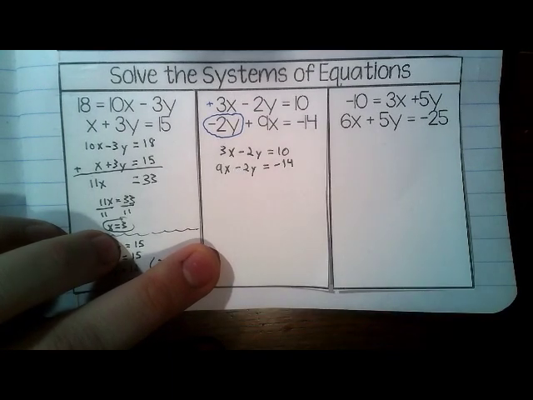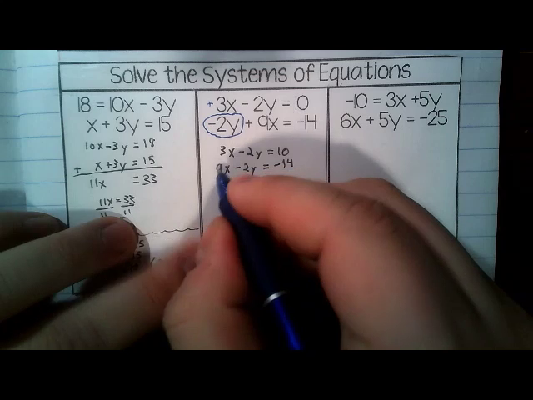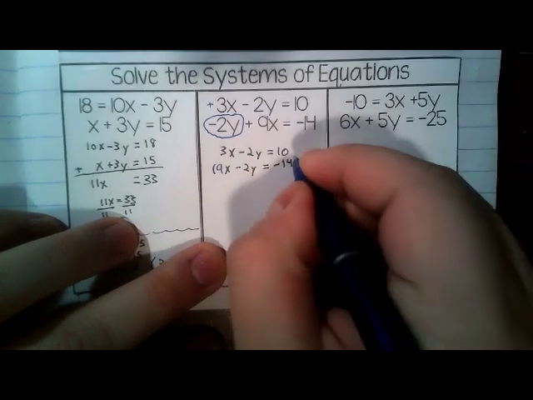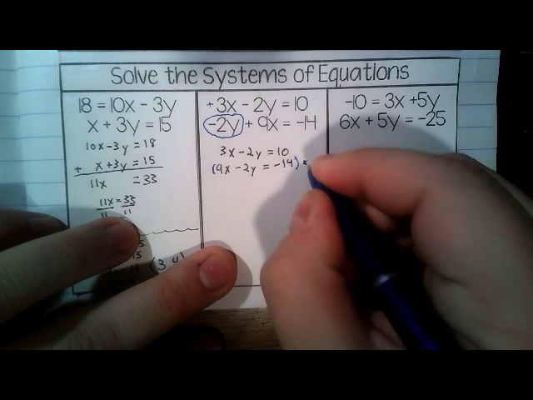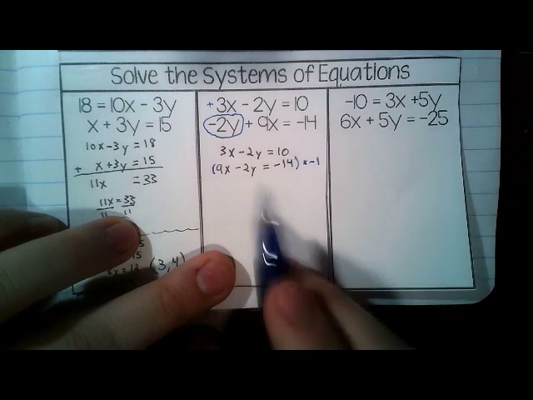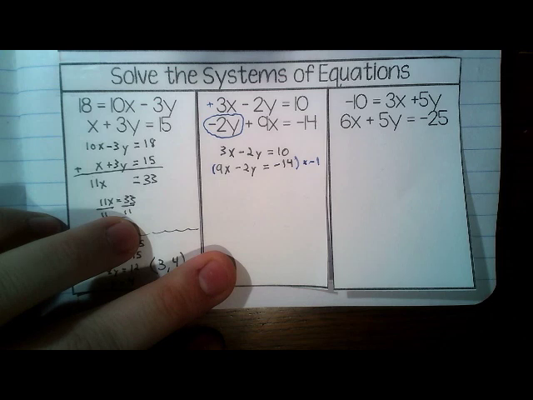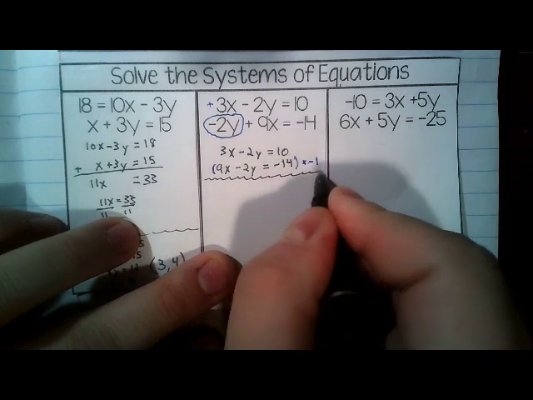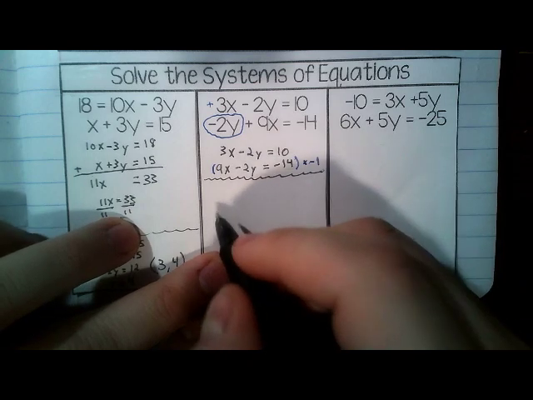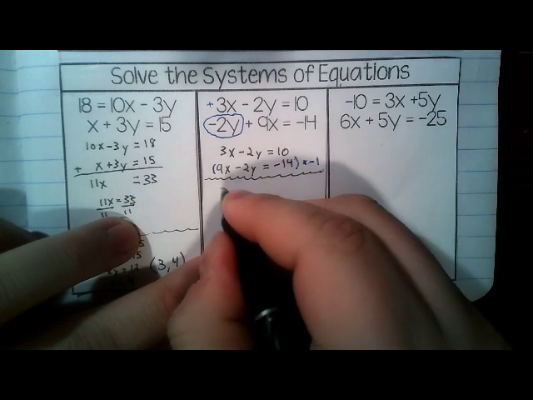So what I'm going to do is multiply my second equation by negative 1. And that's just going to change the sign on everything. I'm going to make a squiggly line there to show that there's a step. So my first one doesn't change.